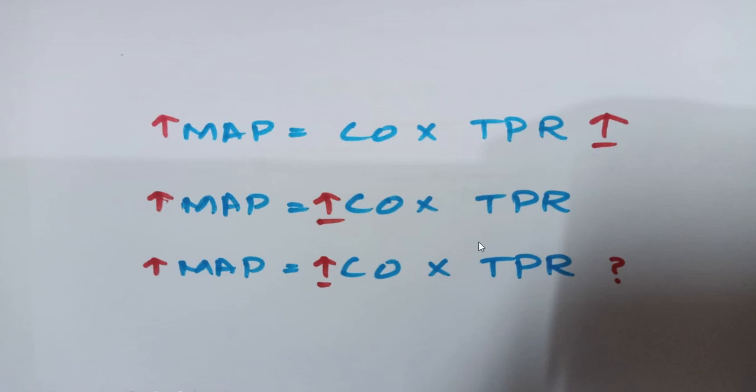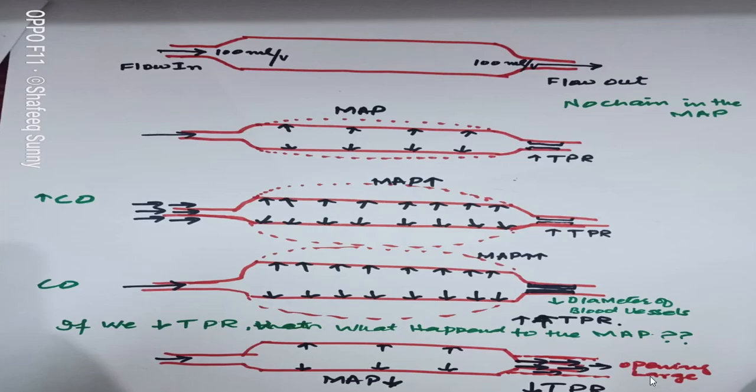Will the total peripheral resistance go up or down, increase or decrease? It's not necessary that it will also be increased. Definitely it will not be increased, it will be decreased, because the body's sympathetic nervous system will increase the opening of the outflow.